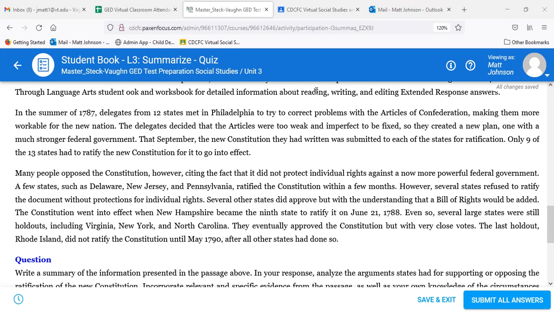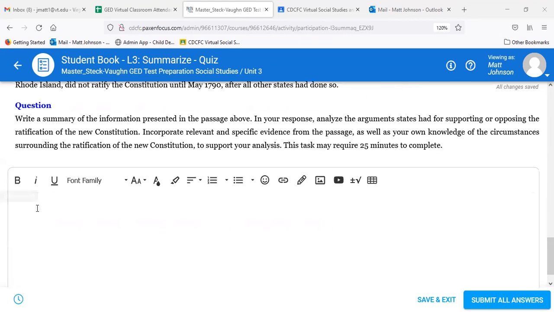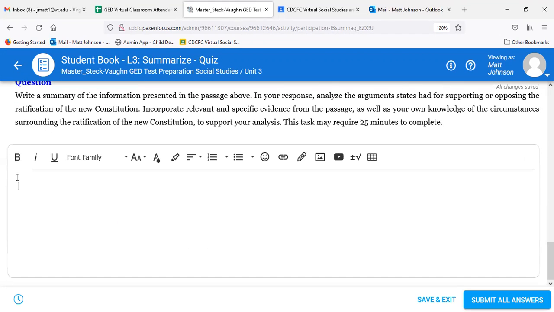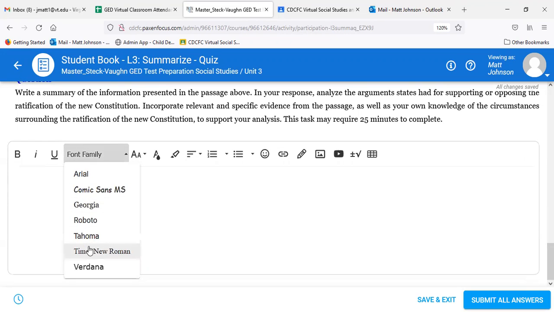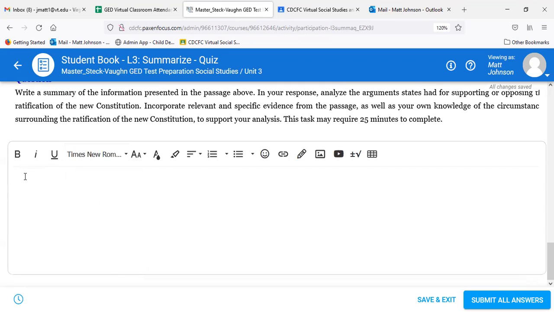We're thinking about this in terms of a full paragraph. So let's go down here. We're going to click in our box. Okay, we've got all kinds of fun tools down here. I'm going to use Times New Roman because that's what historians use. Okay.